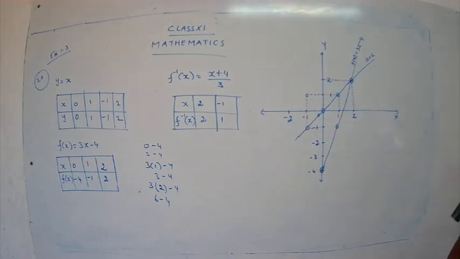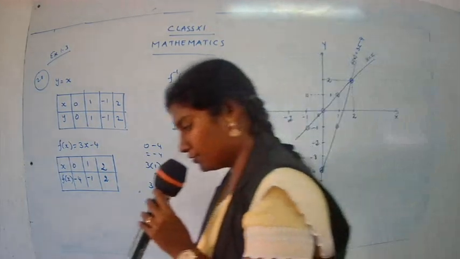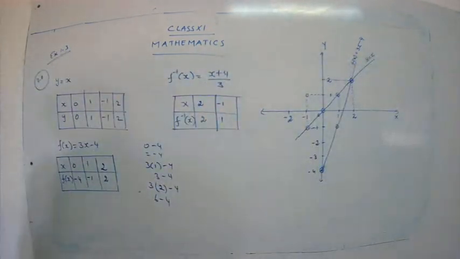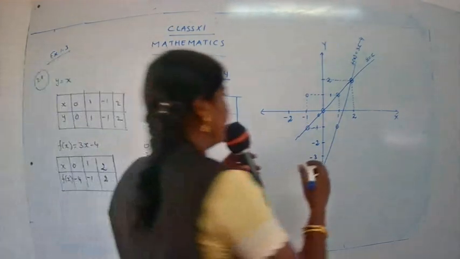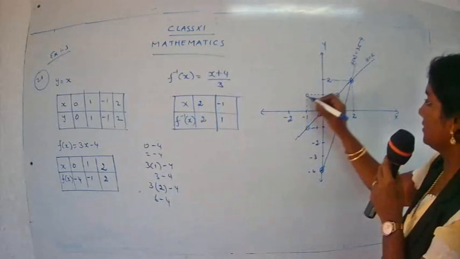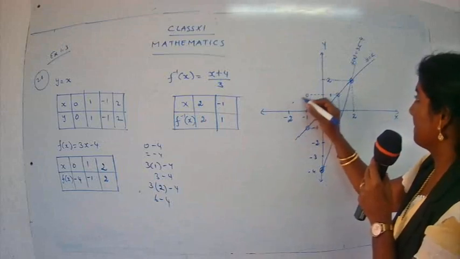So plot the point. Try to join them using your scale. Okay, let's join. Join the points. So here you get the points. So from here, it's somewhat like this.